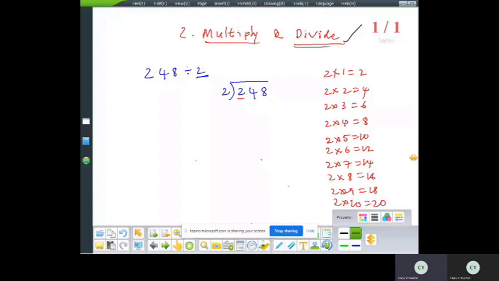Now do subtraction. 2 minus 2 is 0. Next the digit 4 comes down. Next, 2 twos are 4. 4 minus 4 is 0. The final digit 8 comes down. Next, 2 fours are 8. 8 minus 8 is 0. Yes, here 2 is called the divisor.